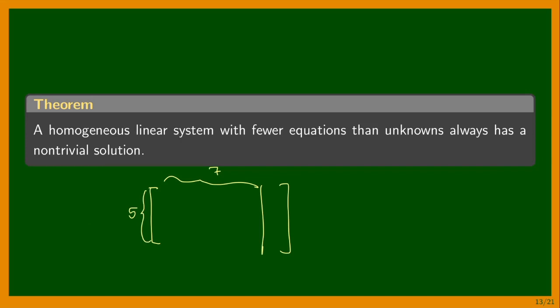in this equation, there is a maximum number of pivots. So the maximum number of pivots should be 5 because there are only 5 rows. And because there are 7 columns, if you have the maximum number of pivots, that's the same as the maximum number of leading variables, 5.